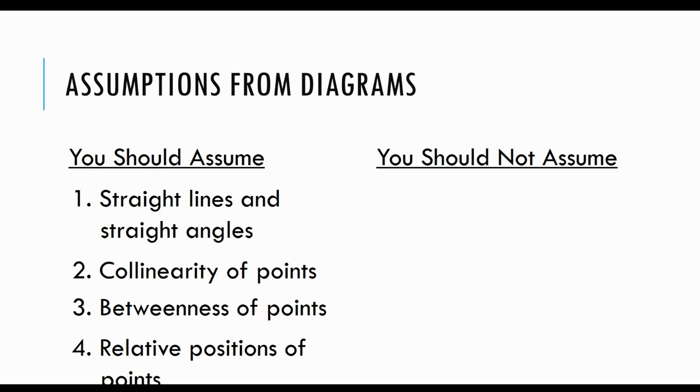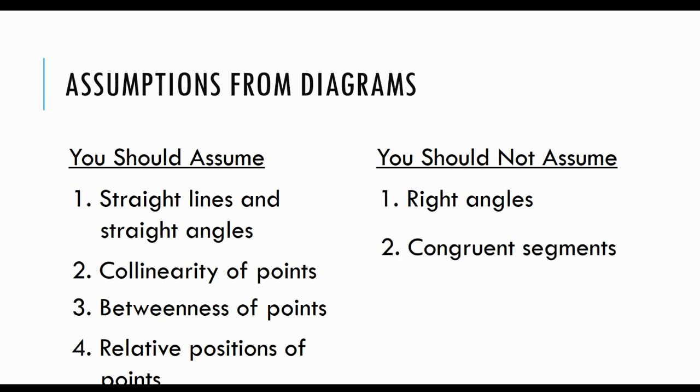So now moving on to the most important list, what we cannot assume. We cannot assume right angles. So unless I'm specifically told in the diagram that this is a right angle, or if I have that little symbol with a box, if I don't have that box symbol indicating a right angle, I cannot assume that that angle is a right angle. I cannot assume congruent segments.